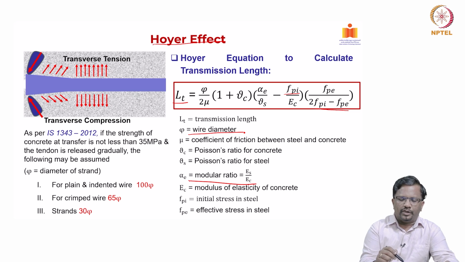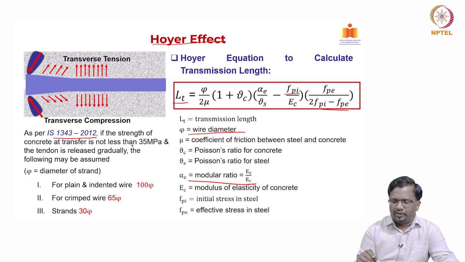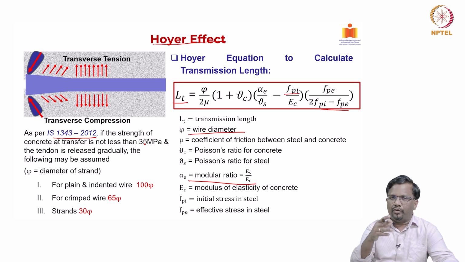Now, you can see here that as per IS 1343, if the strength of the concrete at transfer is not less than 35 megapascal and if the tendon is released gradually, right, that means the strength should be at least 35 megapascal while you release the pre-stress or cut the strand in a pre-tension system, and you need to cut also in a proper pattern.